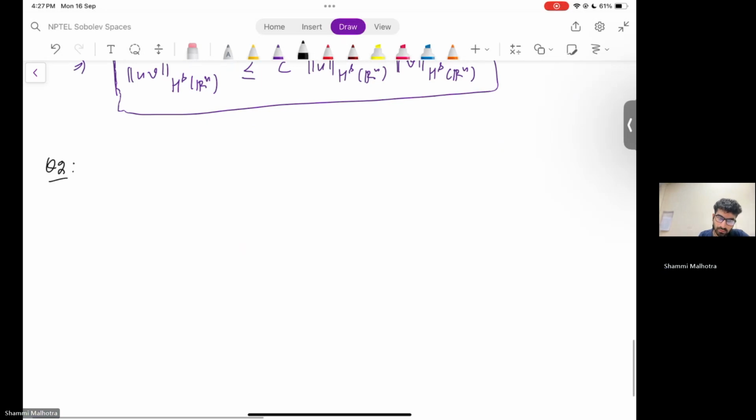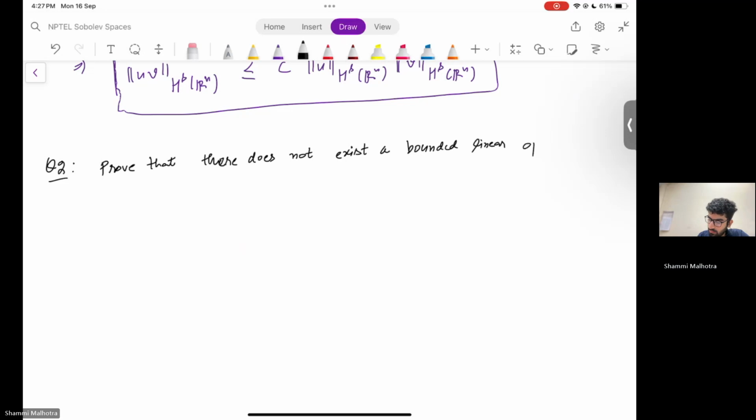So, question 2. It says: prove that there does not exist a bounded linear operator T from L^p(U) to L^p(boundary of U) such that Tu is nothing but u restricted to the boundary, that is, u on the boundary, whenever u belongs to C(U closure) intersection L^p(U).